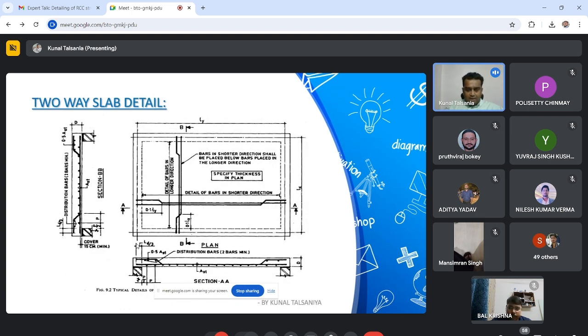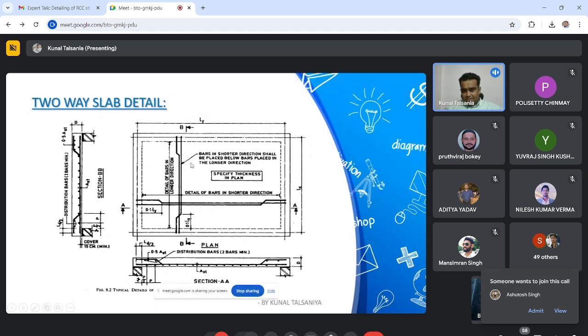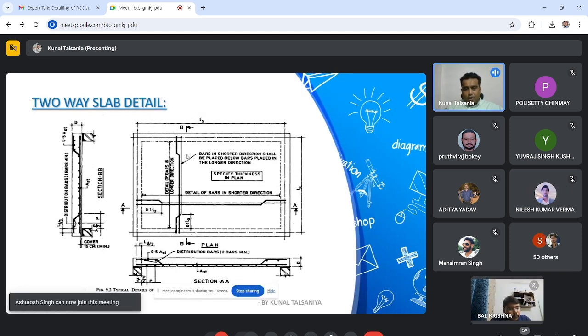Now we will go to this. This is the two-way slab detail. In a two-way slab, as Ly by Lx is less than 2, the slab transfers its load in both directions, but you have to keep your reinforcement first in the shorter direction and then in the longer direction.